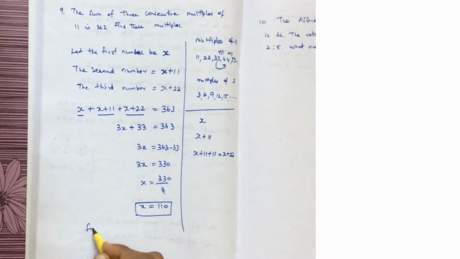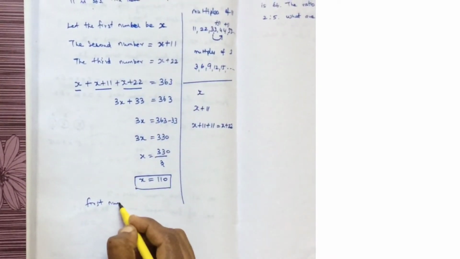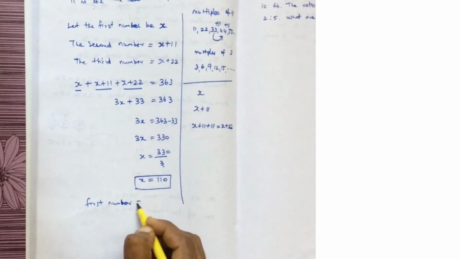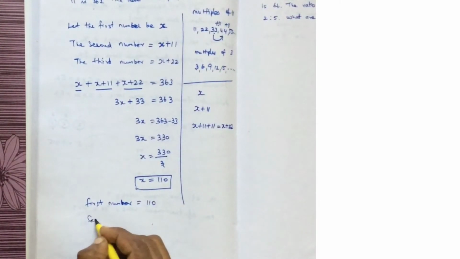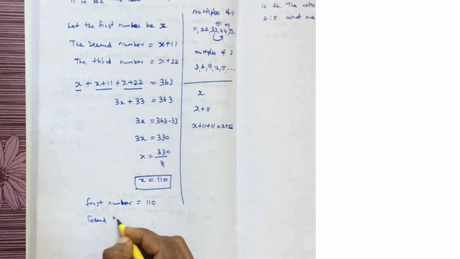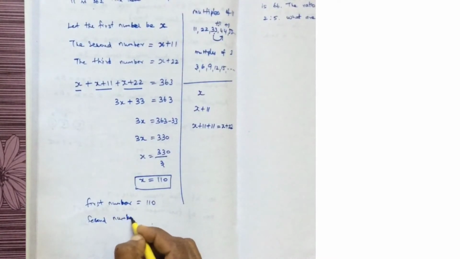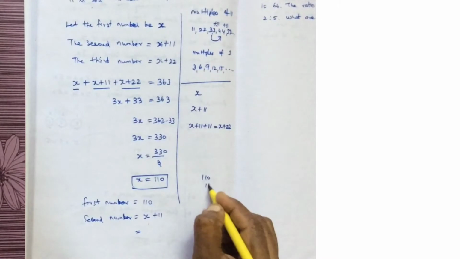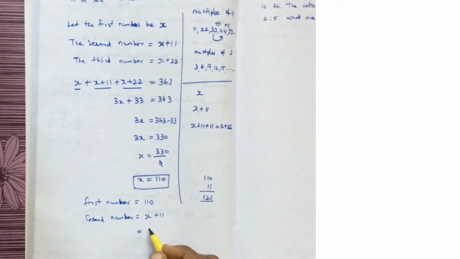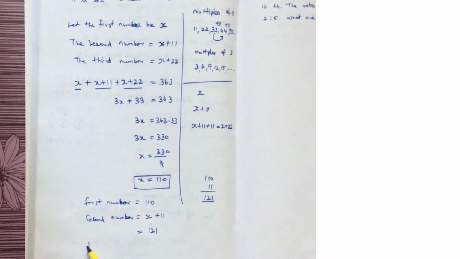Okay. So the first number is x, that is 110. The second number is x plus 11, that is 110 plus 11, 121. What is the third number? X plus 22.